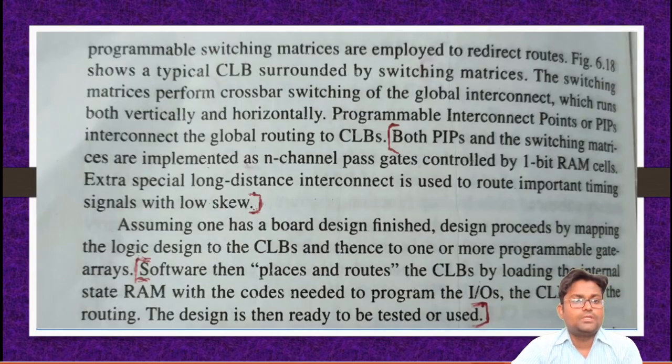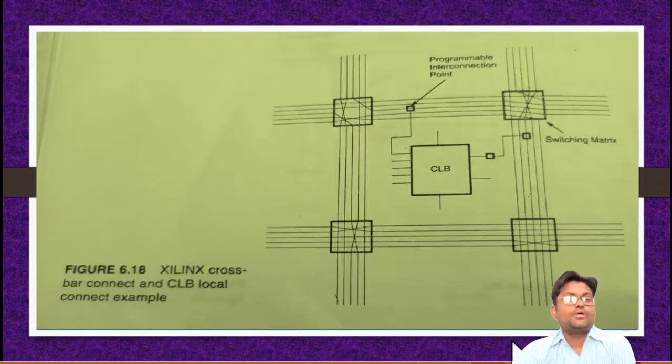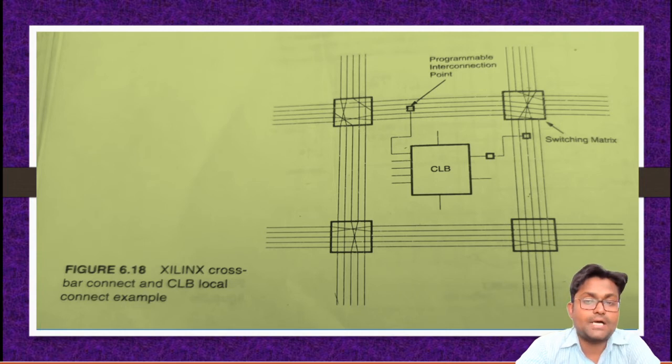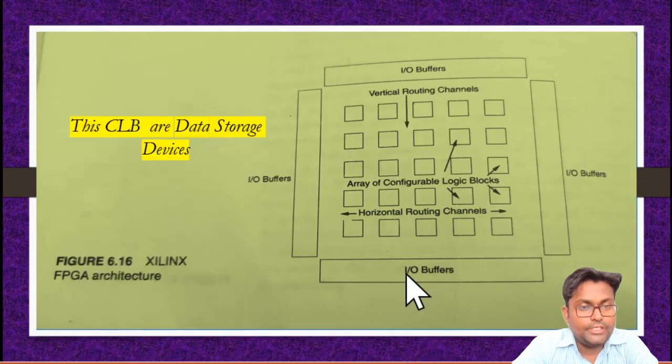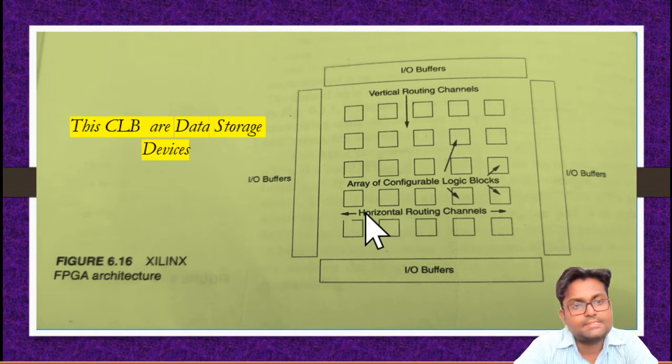Now we are talking about the path and the interconnection between two configurable logic blocks. When we need to connect two configurable logic blocks, we need to use the horizontal as well as the vertical routing channels.